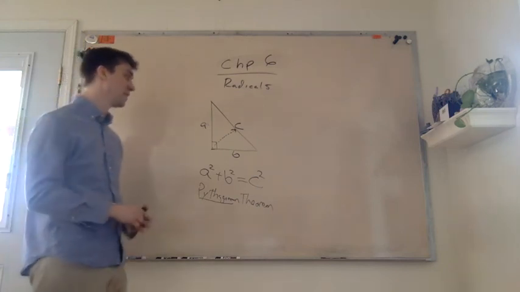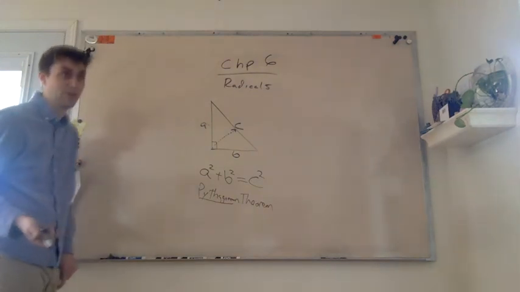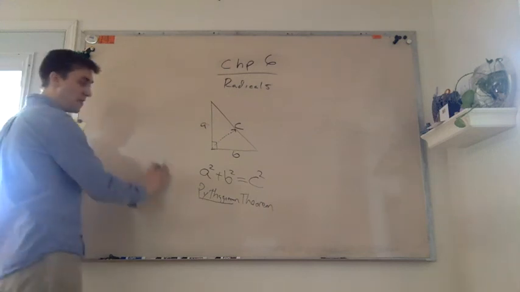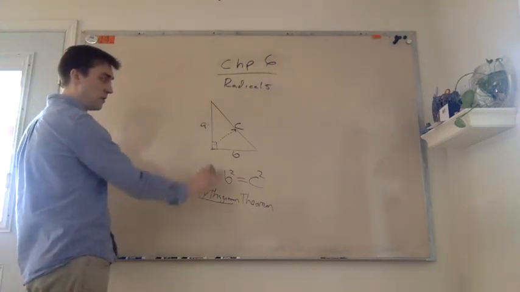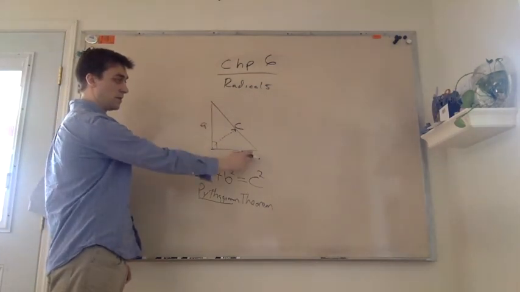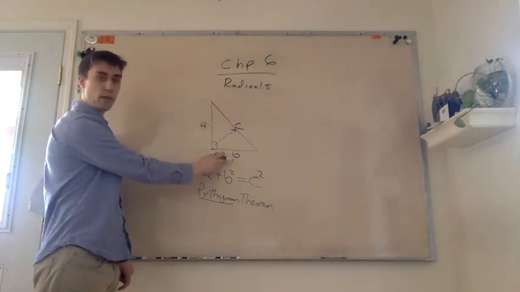So one story that I know, I thought it was pretty funny. It's not funny, but. The Pythagorean theorem is a theorem of right triangles, and it allows you to find the diagonal of a triangle if you know the two legs.